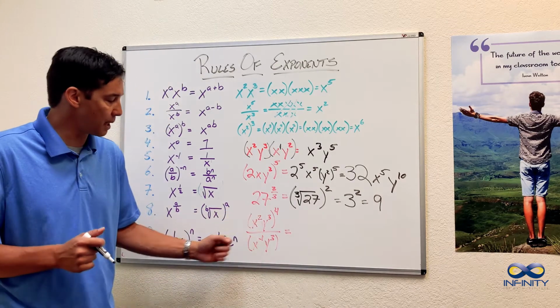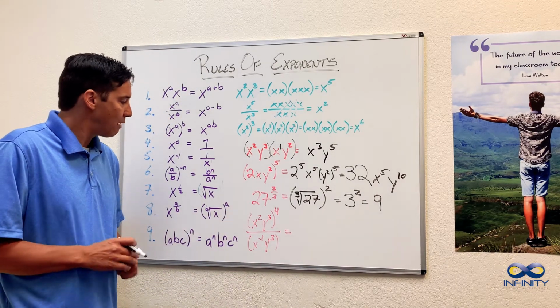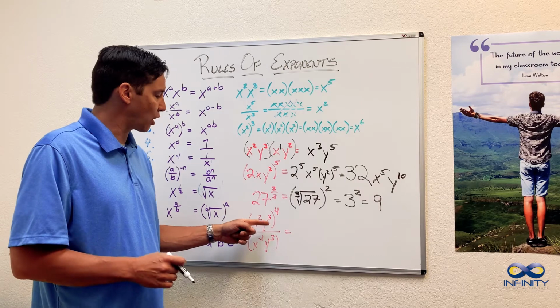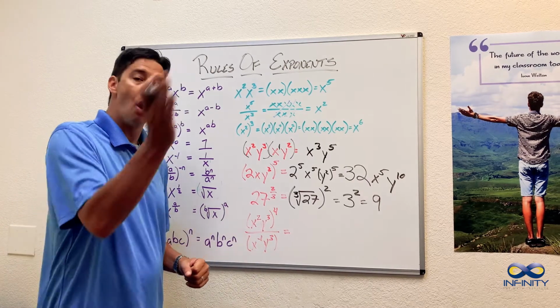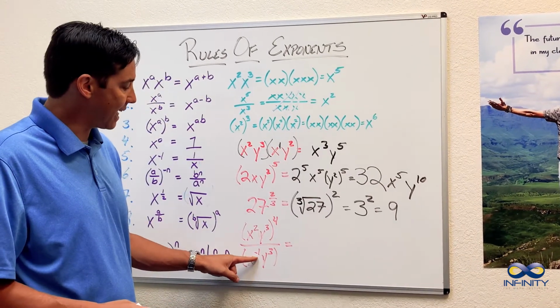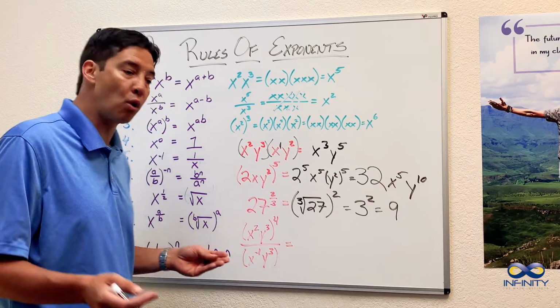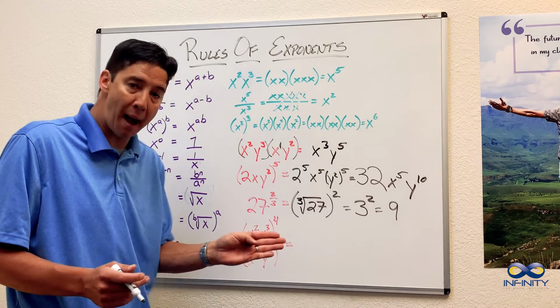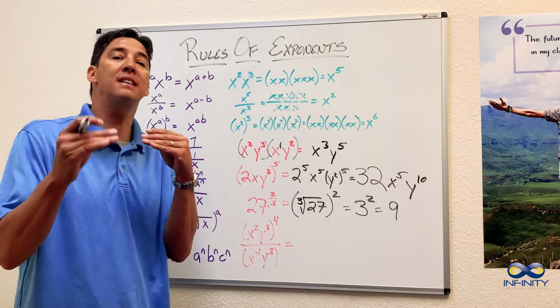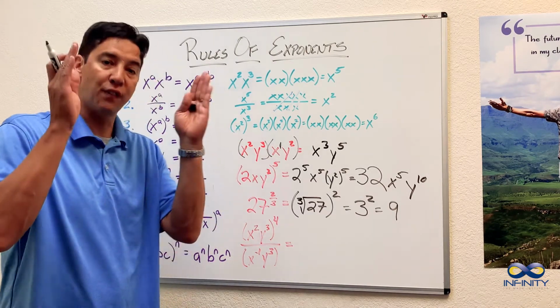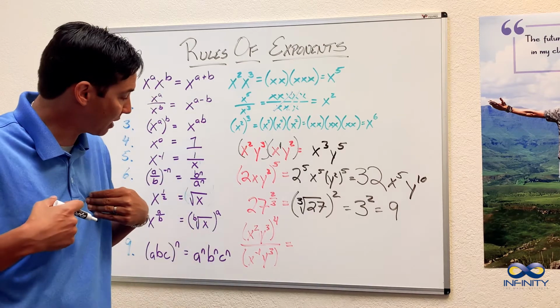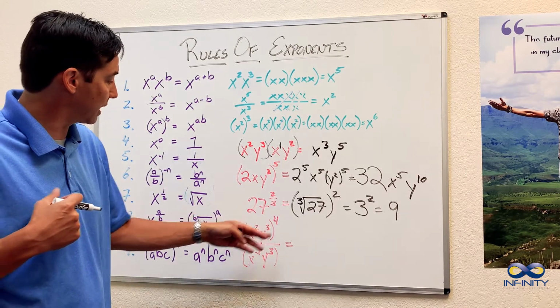And then finally, these are the most difficult problems you're going to get. Right here, I've got x squared y to the 3rd, quantity to the 4th power, all over x to the -1, y to the 3rd. There's a bunch of different ways I can approach it. If I follow my properties and my instructions, it doesn't matter which order you go in. Just follow the properties. Me personally, I'm going to distribute the top first.